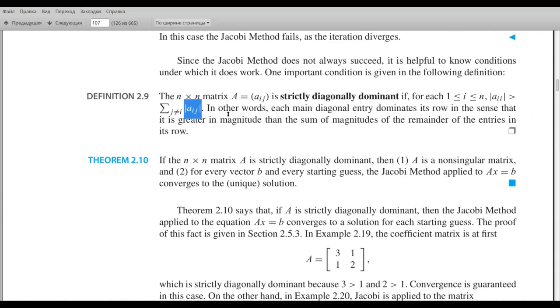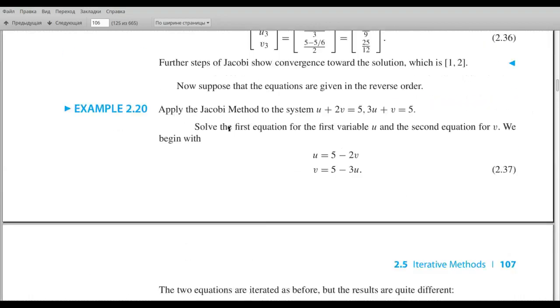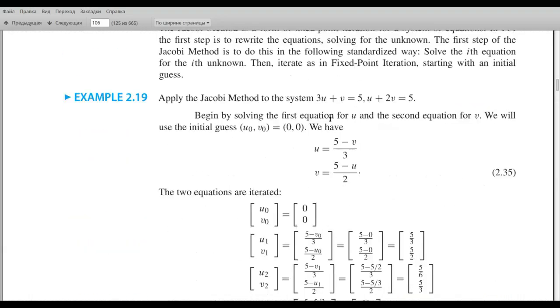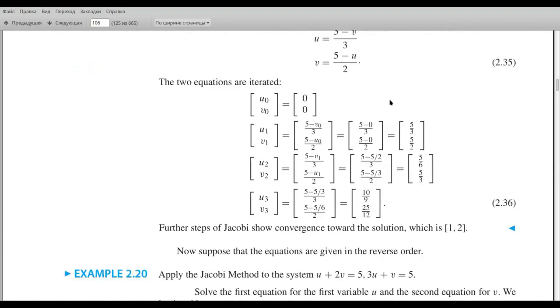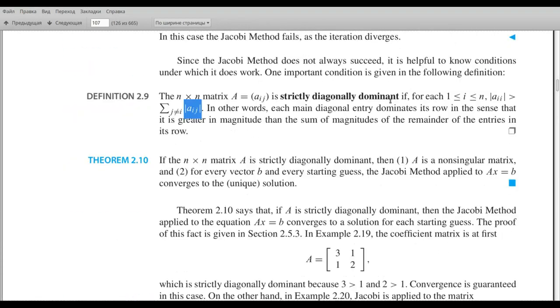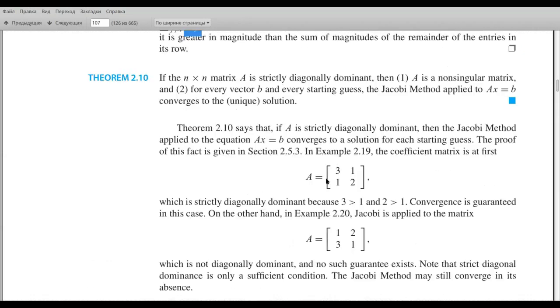So if we have a look here, what is the coefficients matrix? 3, 1, 1, 2, right? Okay, let me just discuss a theorem. Here it is.